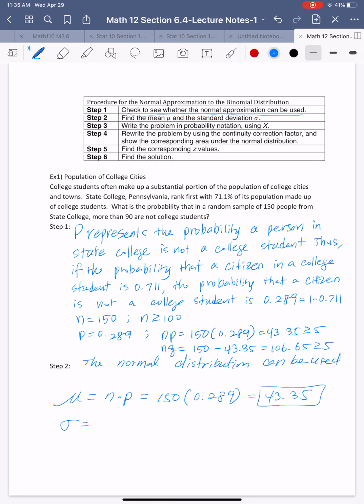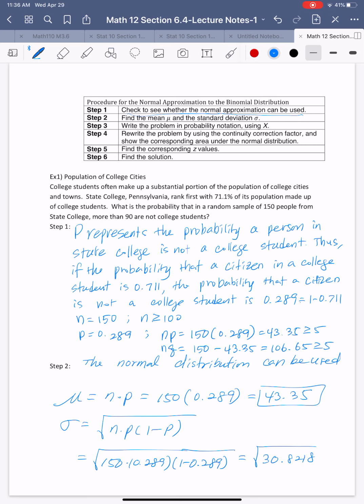Sigma is the square root of n times p times 1 minus p, which is 150 times 0.289 times 1 minus 0.289, about 30.8218, and then approximately 5.552. That's the sigma, which we will use later.